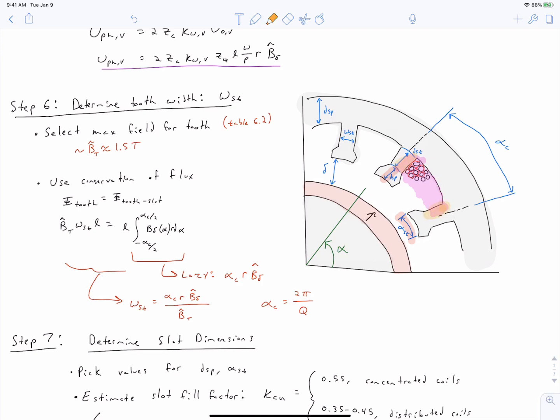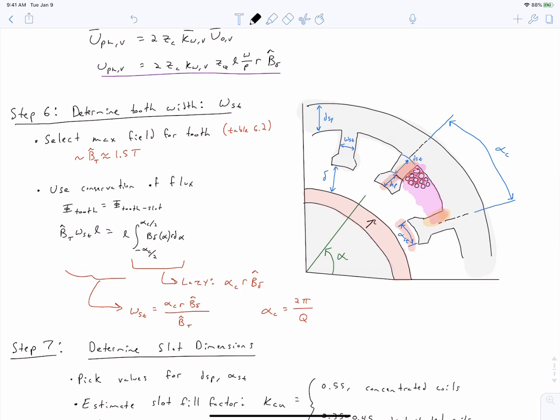So the area that's populated by the tooth is WST times DST. And we can evaluate this by evaluating the surface integral over this entire span, that is 0 to alpha c, and then over this depth, which is DST.